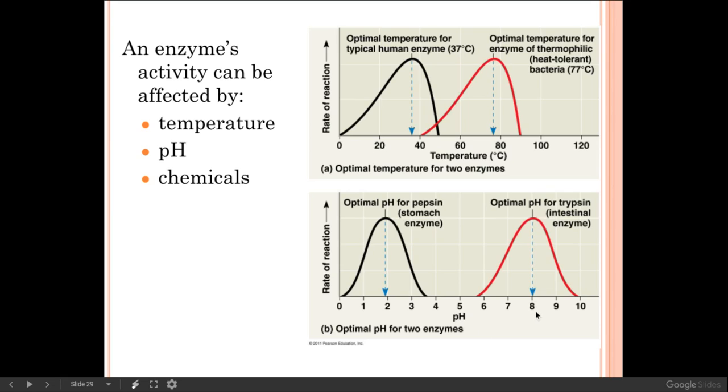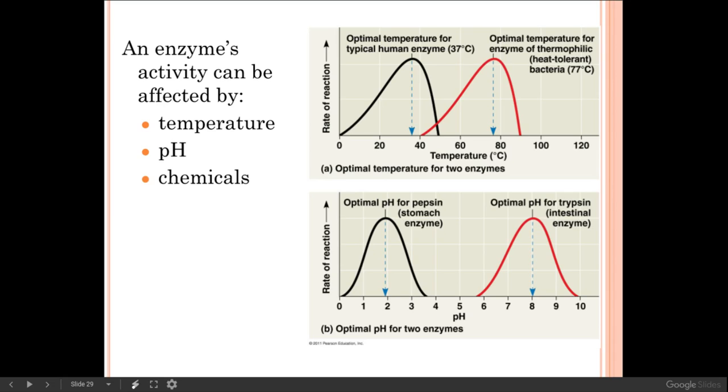The pH of 8 is basic, and so when you go from your stomach to your small intestine, you have a change in pH because you have enzymes that work at different optimal pHs.